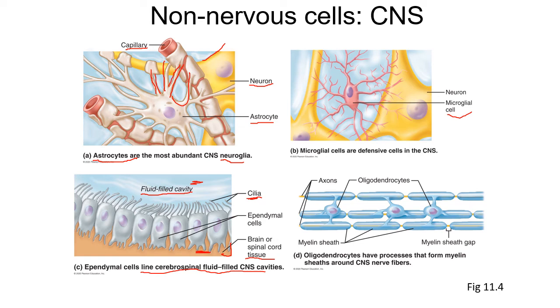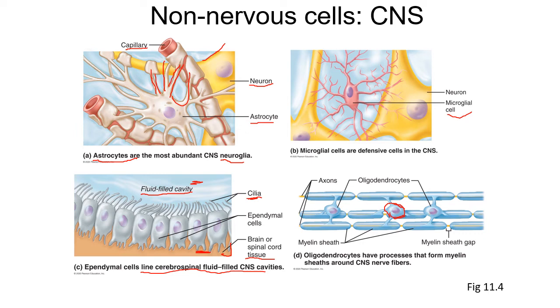And then finally, we have the oligodendrocytes, which are round, bulbous types of cell, a nice bulb shape.